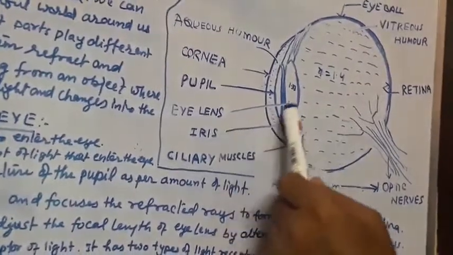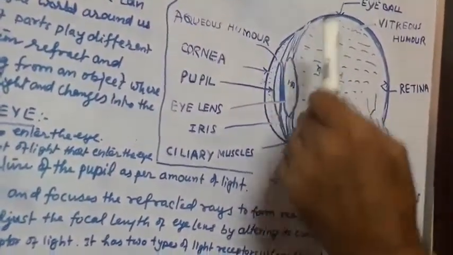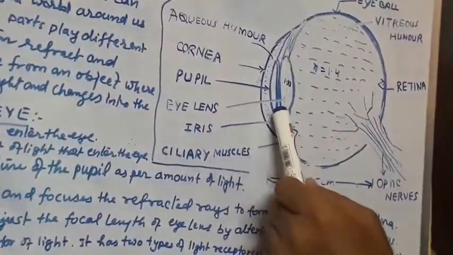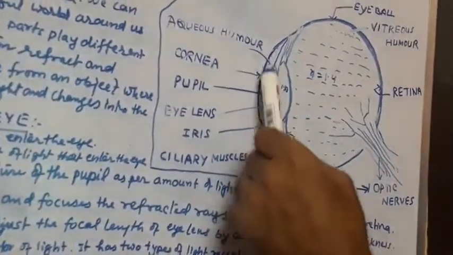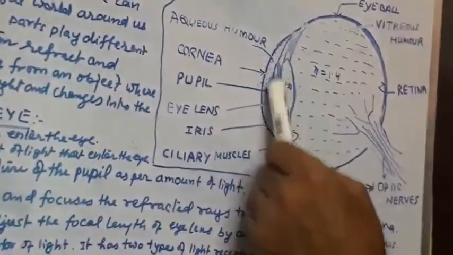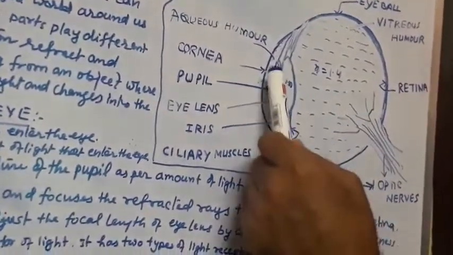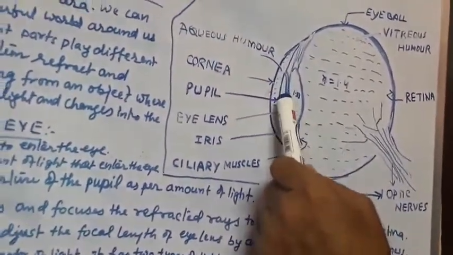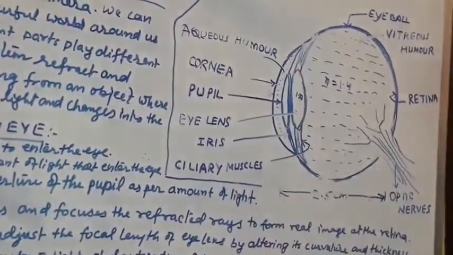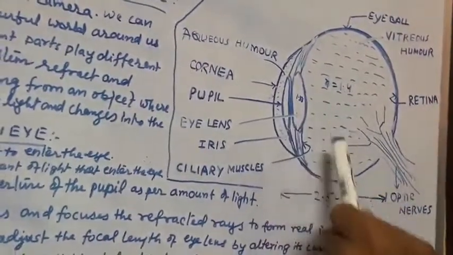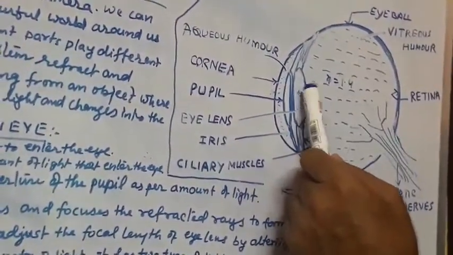Next, in between the cornea and pupil there is a fluid which is known as aqueous humor. Aqueous humor is a watery fluid. It also helps to refract the light in the same way as the cornea and lens do. Now next one is the eye lens.